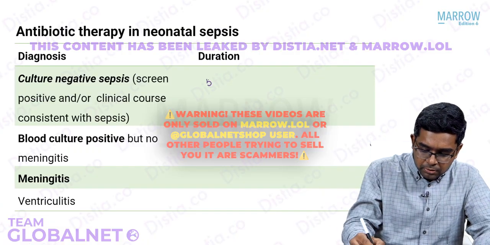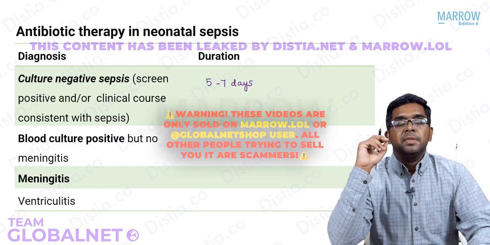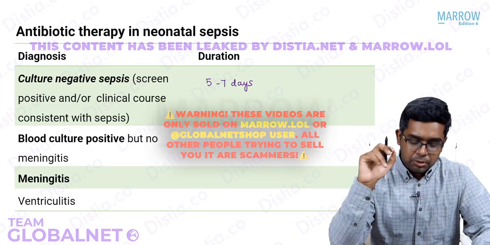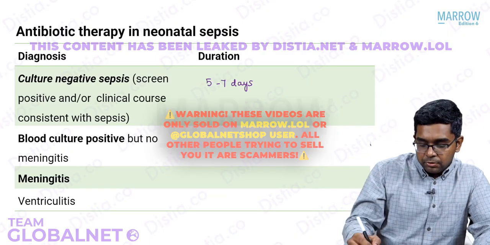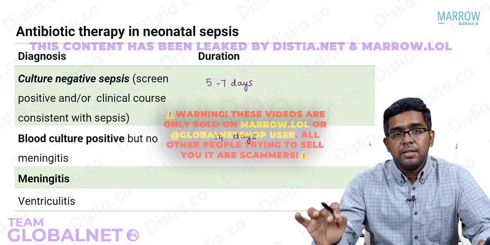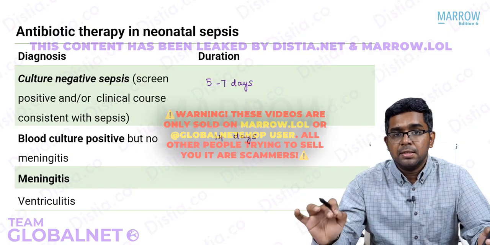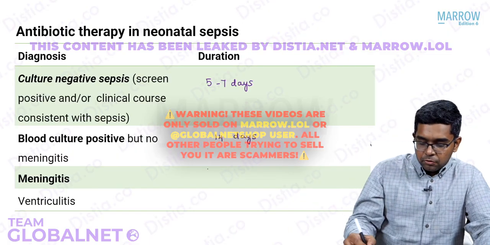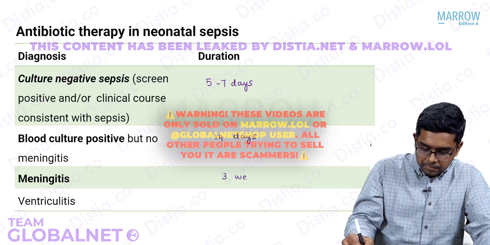Here, the usual duration of antibiotics is 5 to 7 days. Okay. Suppose blood culture is positive, but there is no meningitis, then you have to treat for 14 days. Okay. If it is meningitis, that means CSF culture is positive, then treatment has to be given for 3 weeks.